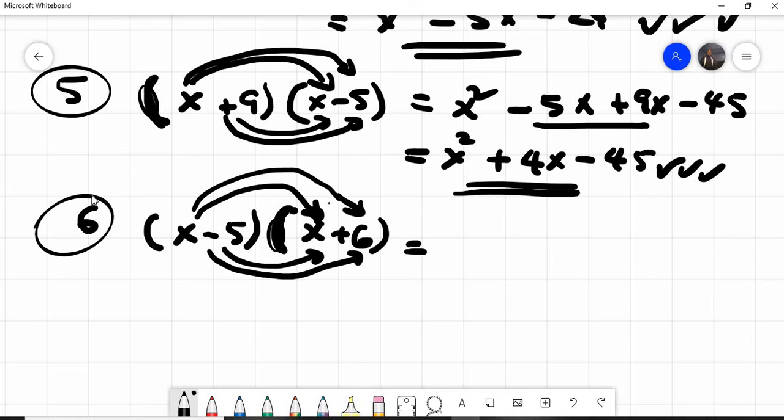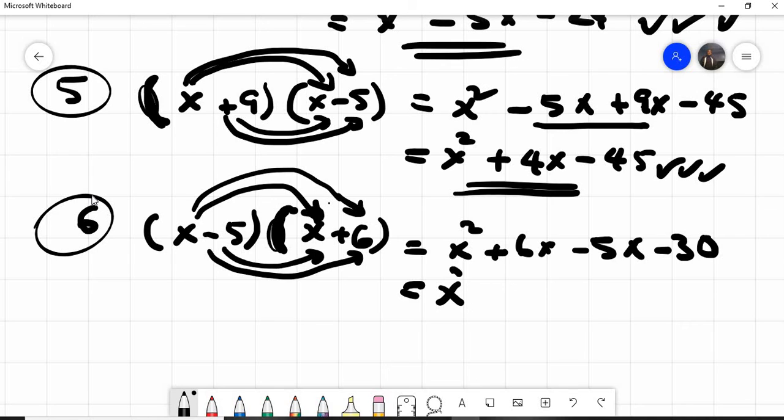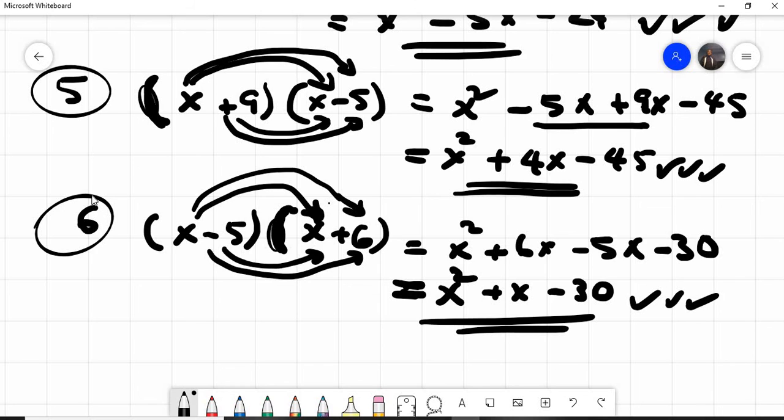So the answer will be x squared. x times x is x squared. x times plus 6 is plus 6x. Negative 5 times x is negative 5x. Then negative 5 times plus 6 is negative 30. And then plus 6 minus 5 is 1x, so it's plus x, minus 30. So that's our answer, which is correct.